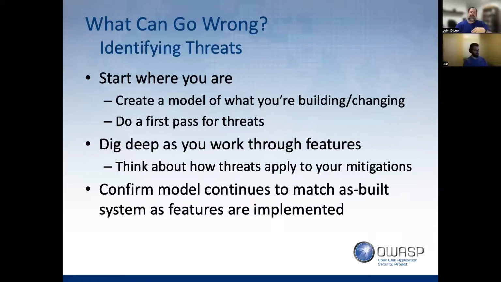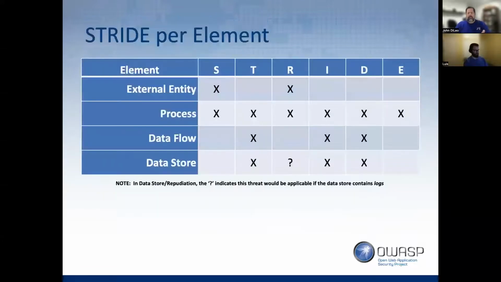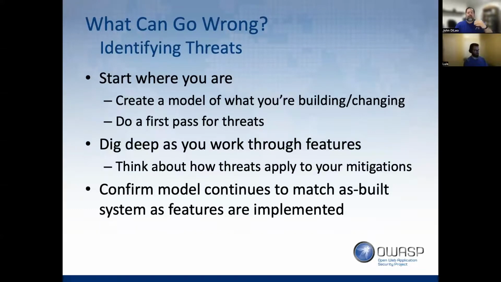And Adam recommends in his book a good stopping rule for a first pass: if you've identified one or two threats in each of these categories in the row for each element. And then you can take further passes later. As you work in more detail on a feature, you can dig deeper around that one feature in your model. All along the way, try to make sure that the model continues to match the as-built system.